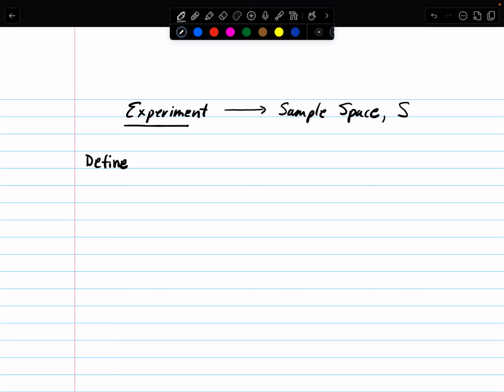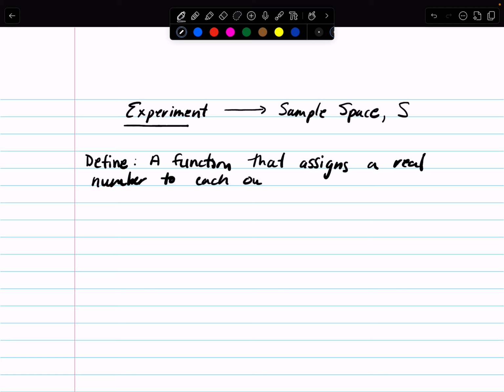And we've seen several examples, but we are now going to define a function that assigns a real number to each outcome in S is called a random variable.